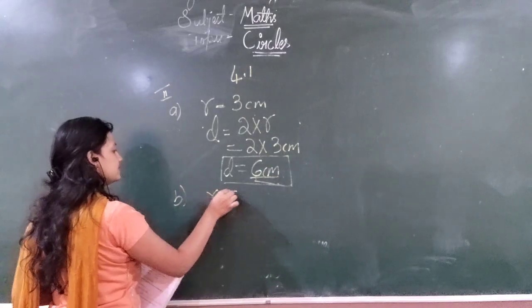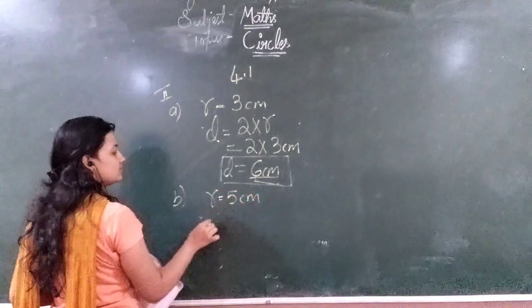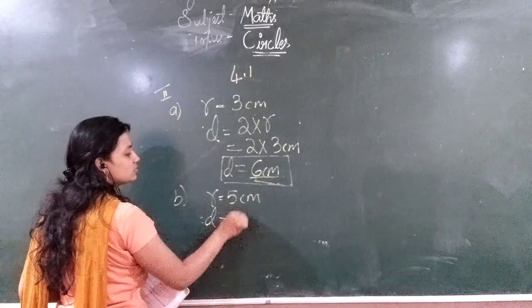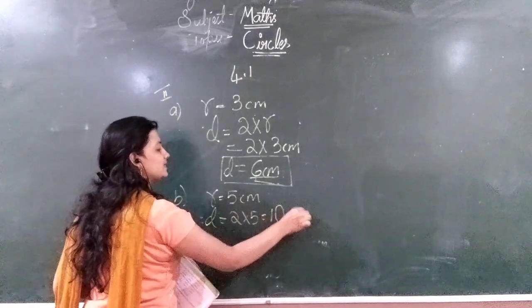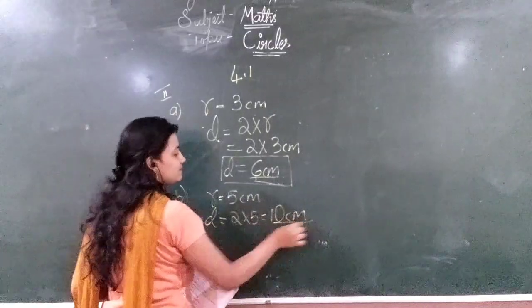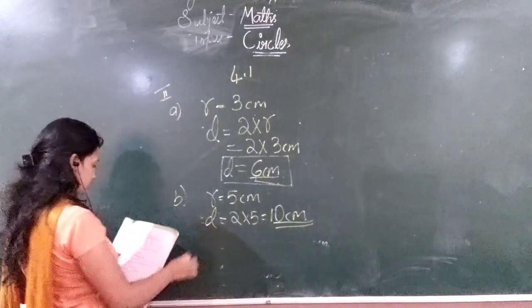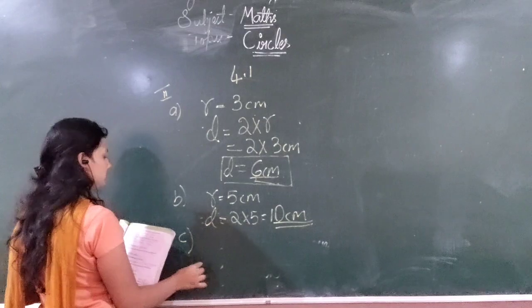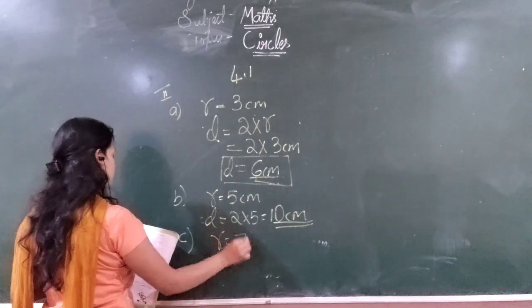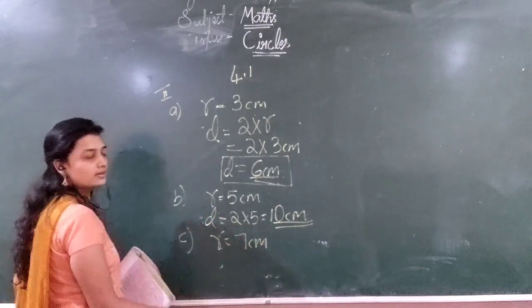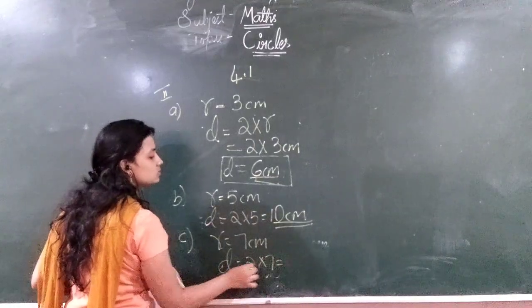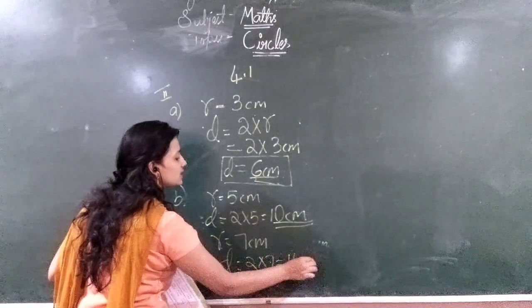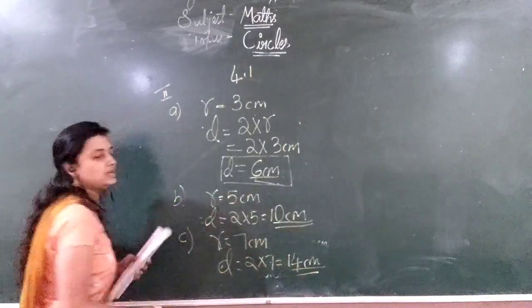Next I am going to B. Radius is 5 centimeter, so the diameter will be 2 into 5, 2 fives are 10 centimeter. C question: radius is equal to 7 centimeter, so the diameter is 2 into 7, 2 sevens are 14 centimeter.